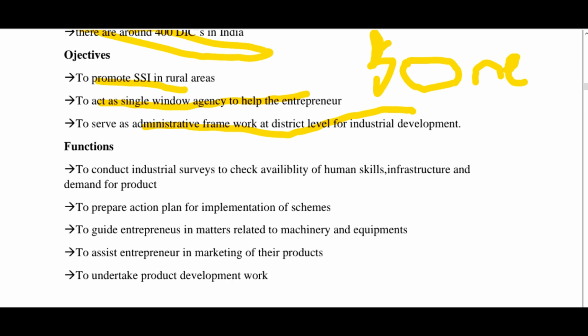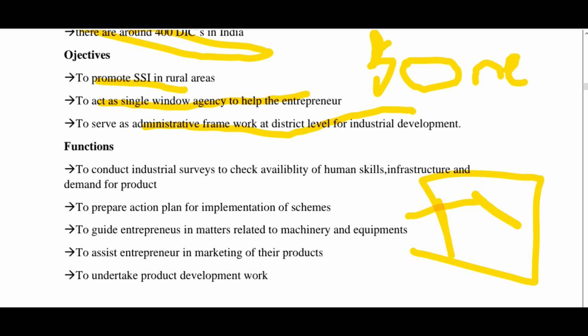Suppose an industry has a shortage of employees, or shortage of resources, or shortage of product. They help to fill those gaps in the industries to develop our industry, and to prepare an action plan for implementation of schemes.